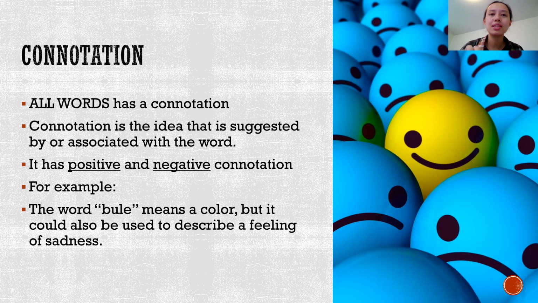For example, now let's look at some examples here. If we use the word blue, the denotation, or the literal meaning of this word, is just a color, blue. But it could also be used to describe a feeling of sadness. As you can see in the pictures here, all the sad faces are in blue. So if you wanted to describe someone's feeling, you can say he is feeling blue.